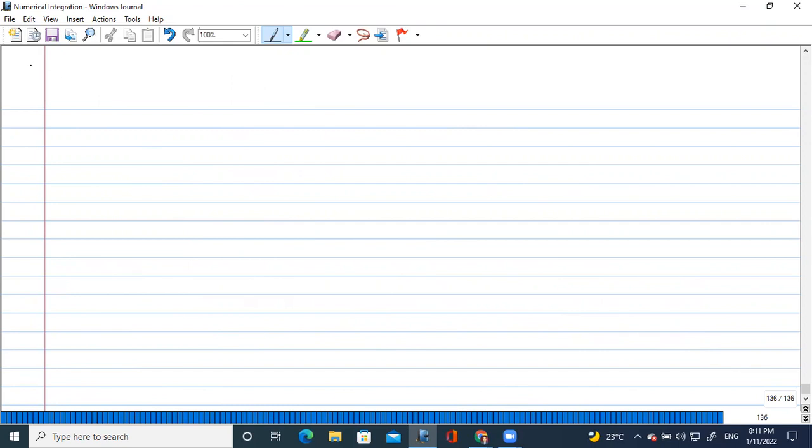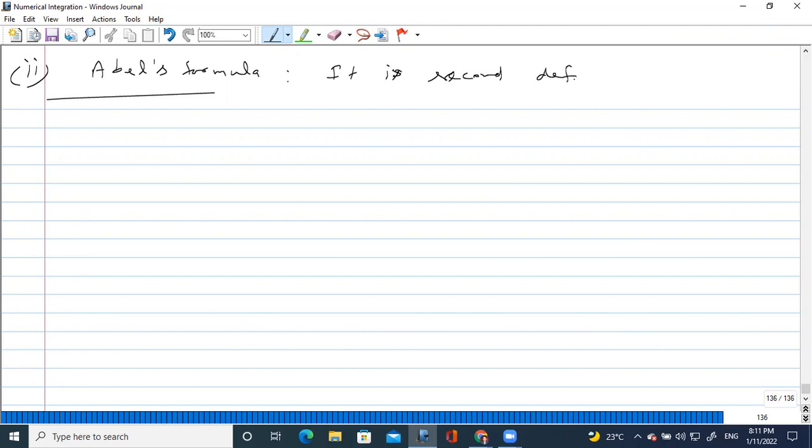Okay. Number second thing. There is Abel's formula, or you can say it is the second definition of the Wronskian.